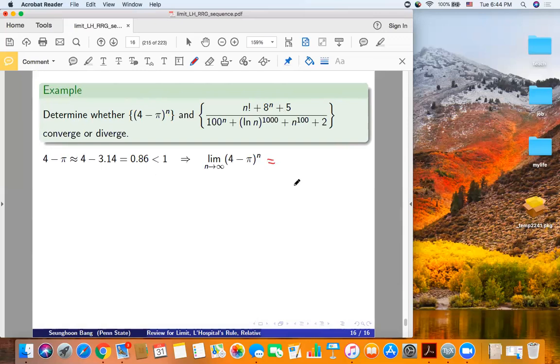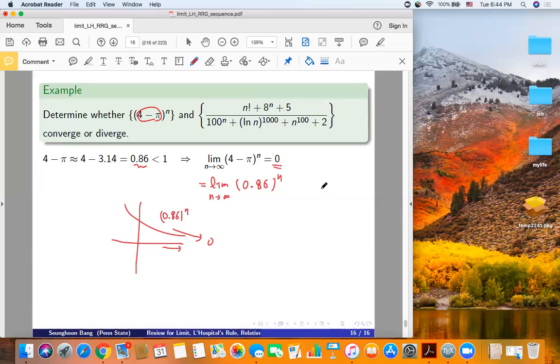It's going to 0. This inside is a small number, 0.86, so it is the same as the limit as n approaches infinity of 0.86 to the power n. You can just sketch the graph. The graph is like this: 0.86 to the power n, and as n goes to infinity, the graph approaches 0. So we have this answer.